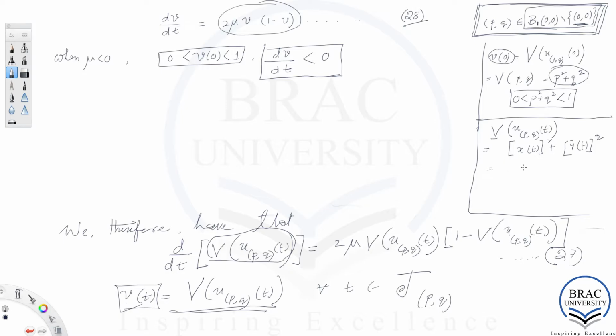And this is nothing but the norm of this solution at time t, the square of the norm of the solution u sub p comma q at t. Why is this the case? Since u sub p comma q at t is this ordered pair, right? With components x of t and y of t.